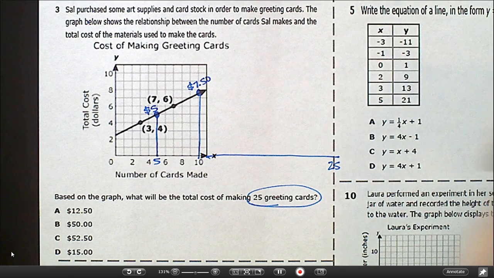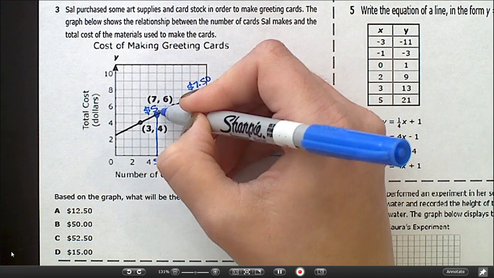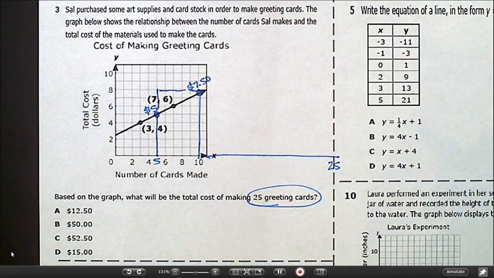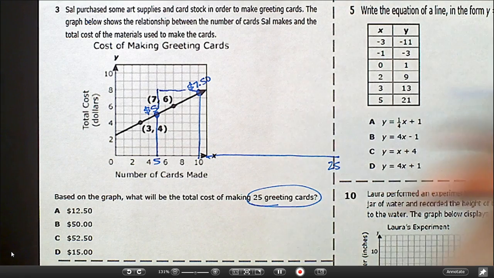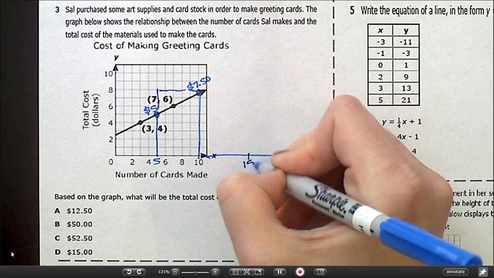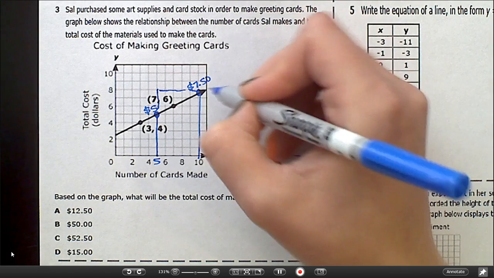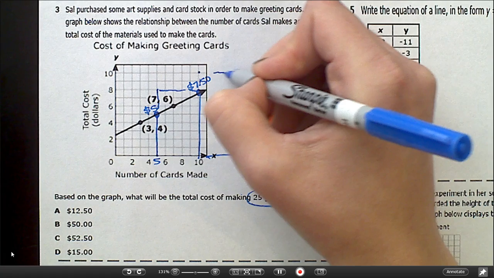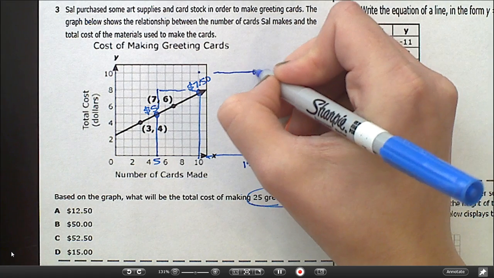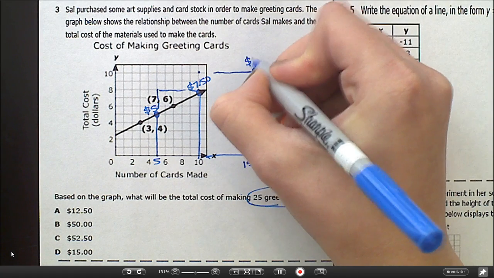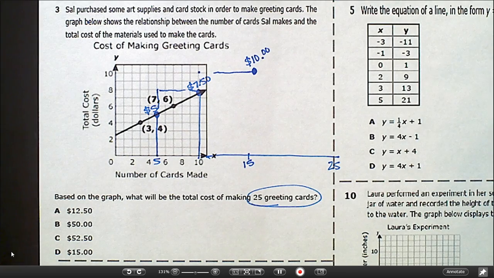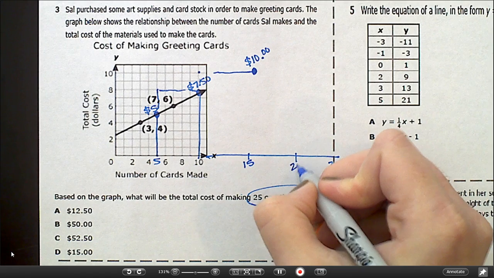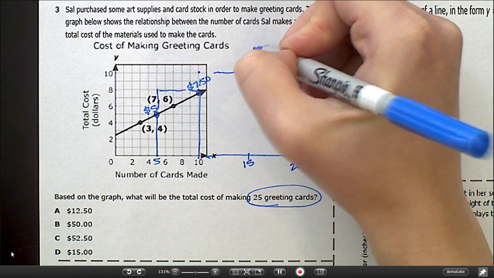So that went up $2.50 for 5 cards. So then to make 15 cards, I could expect that it would go up another $2.50, and I would say that would be about $10. To make 20 cards, go up another $2.50.